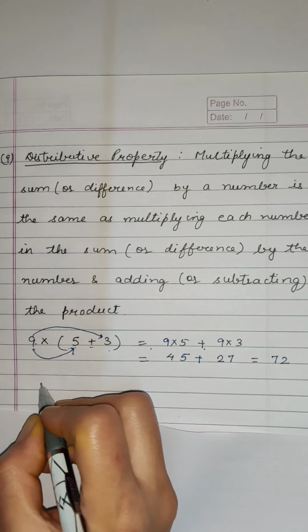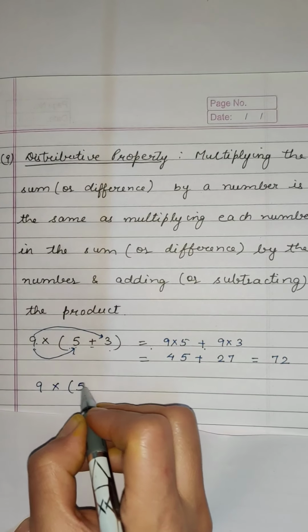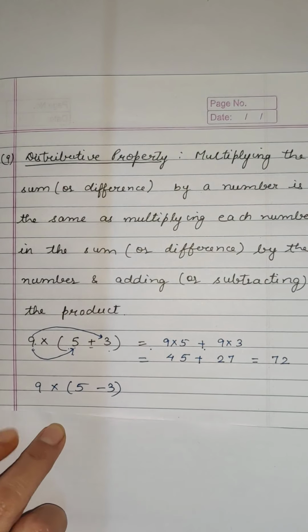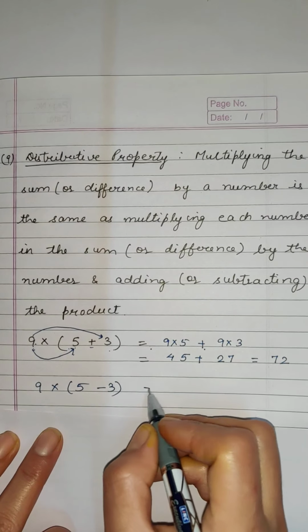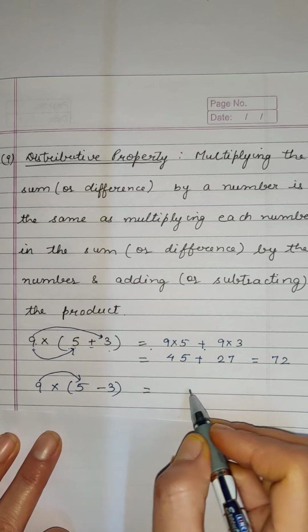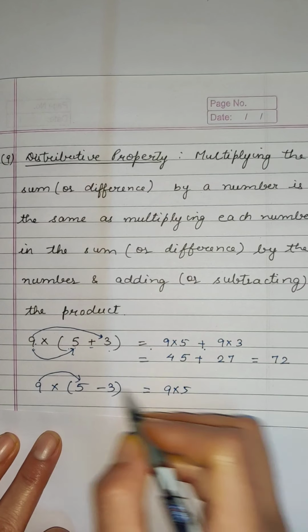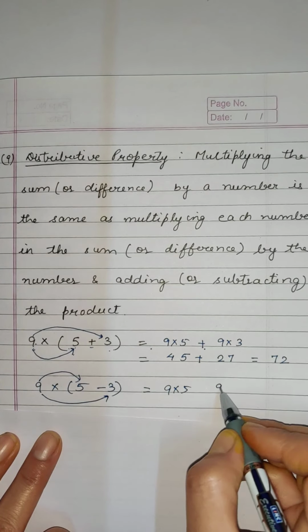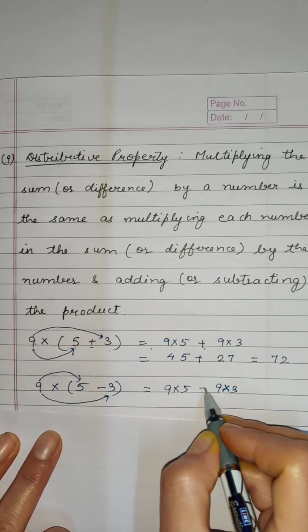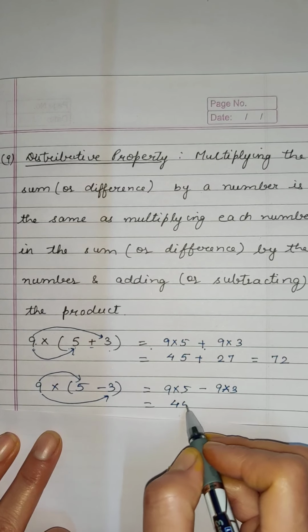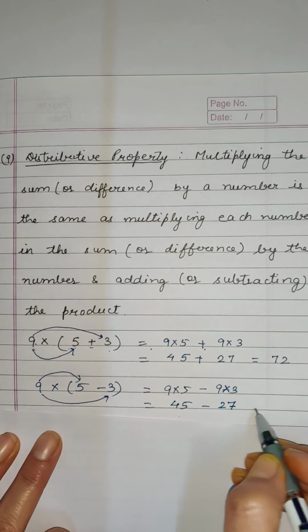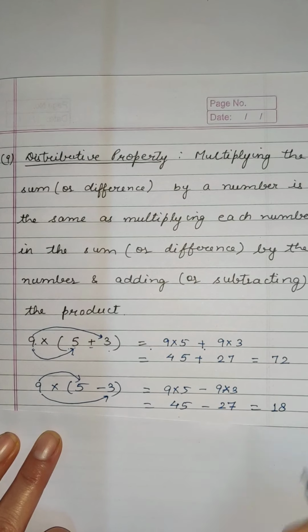You can even find it with the help of 9 multiplied by (5 minus 3). So you can multiply 9 by 5 first and 9 by 3 and subtract. So that will be 45 minus 27, that is 18.